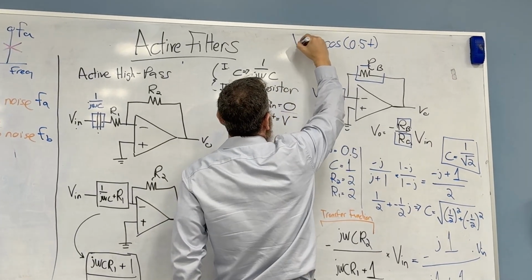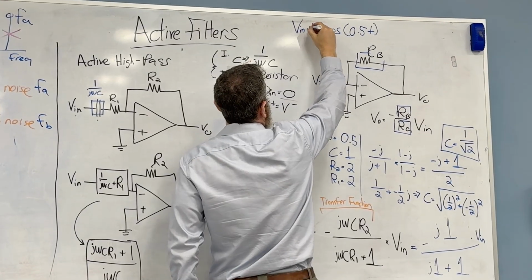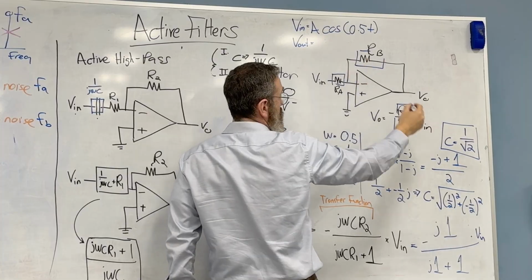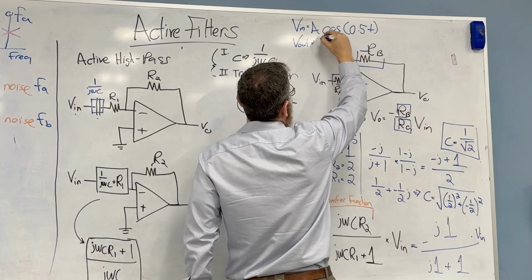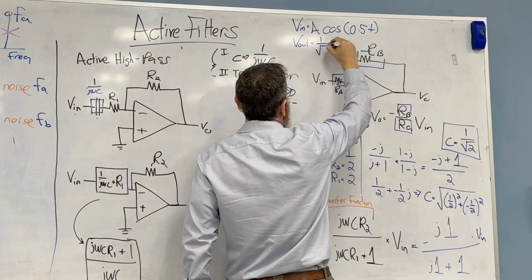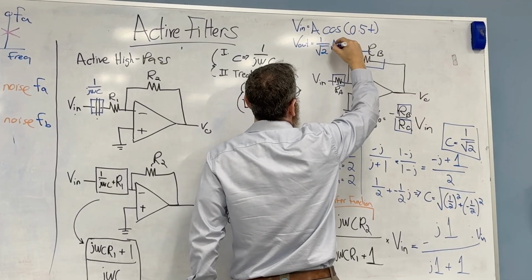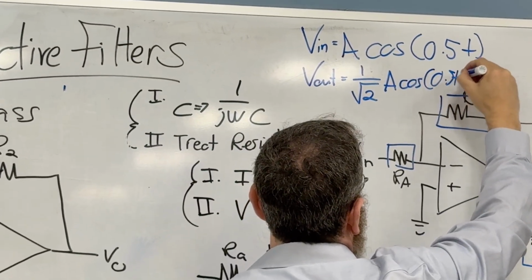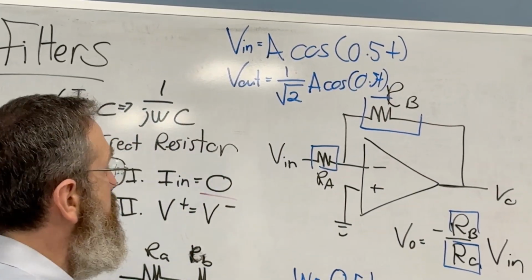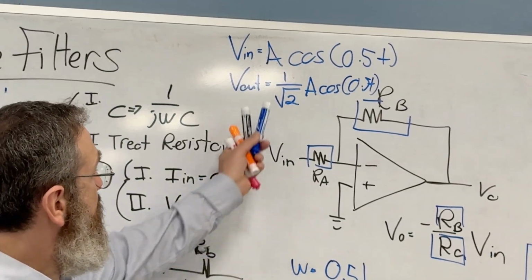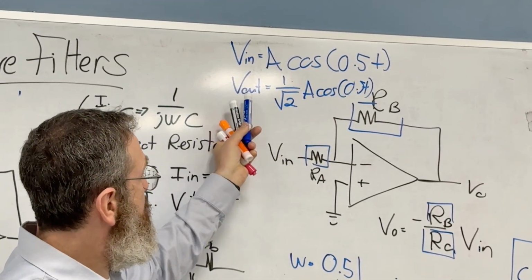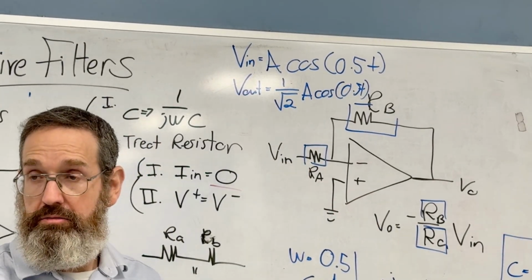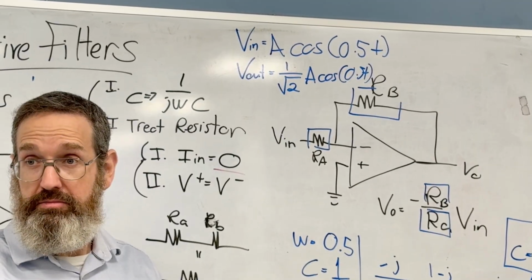This was the V in, and the V out is going to equal this number here, 1 over the square root of 2 times a cosine of 0.5t. So the input came in, and the output came out, and it was a little bit smaller than what had come in, right, as I'd picked the numbers.